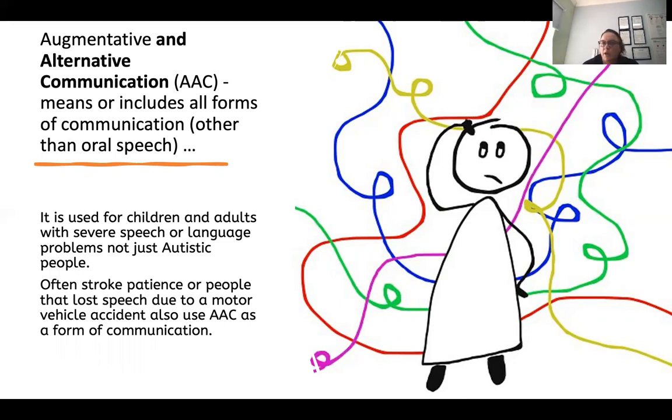There are also communication devices that range from the PECS, which is a picture exchange communication system, which we have also covered during our daily autism talks, right through to your iPhone, your iPad, your computer, any form of assistive device. So consider augmentative and alternative communication as an alternative means of communication for the person living with a speech or language disability.